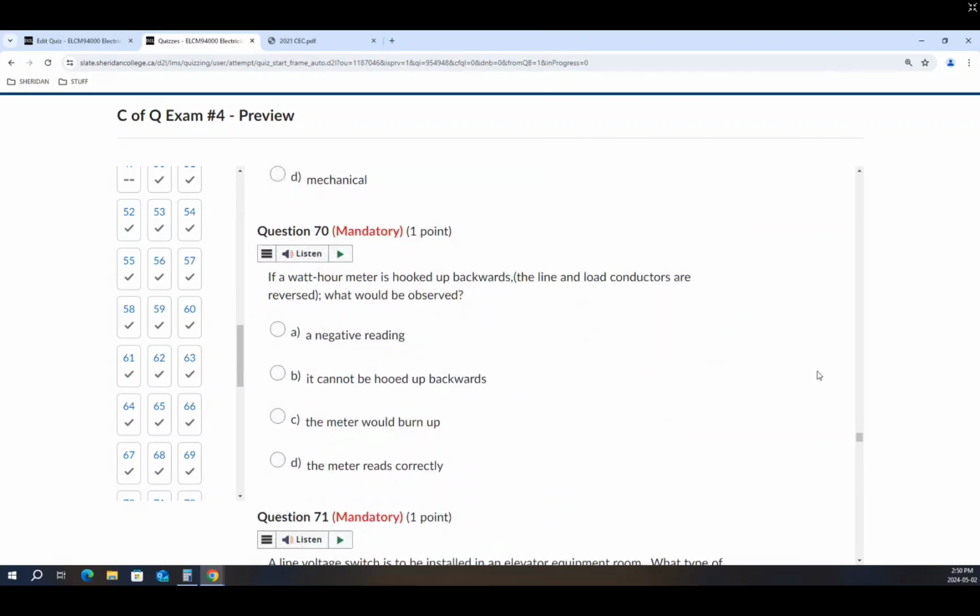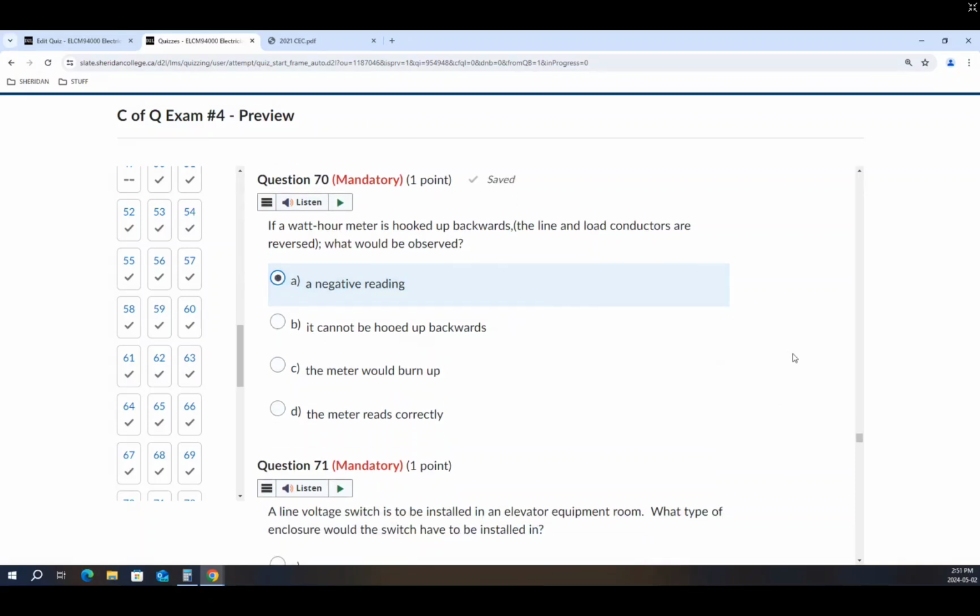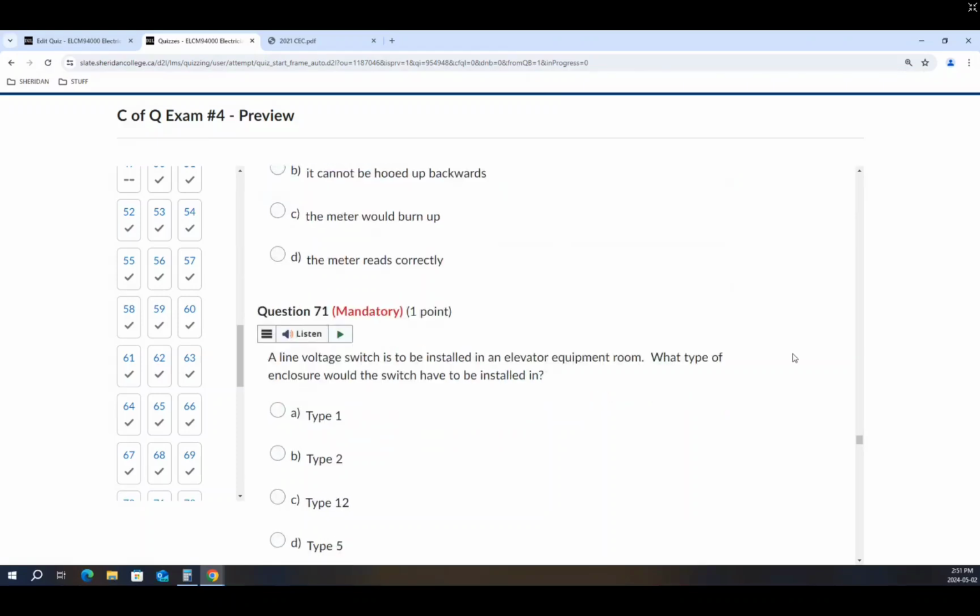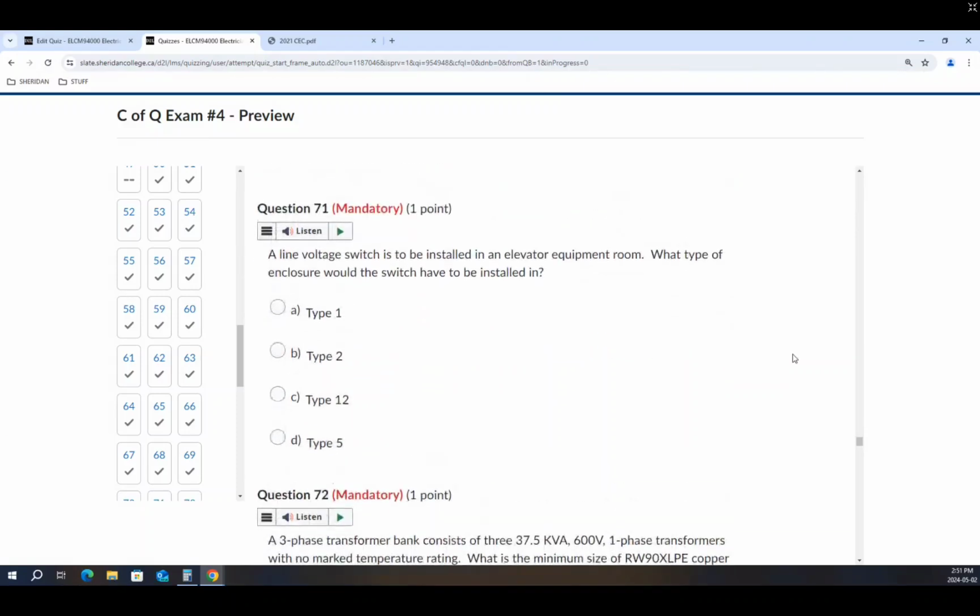Question 70. If a watt-hour meter is hooked up backwards to line and load conductors, what would be observed? Negative. That's like your meter on your house if you flipped it around upside down.